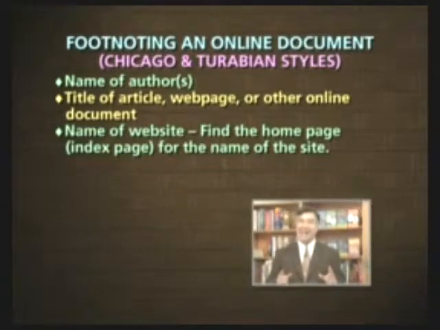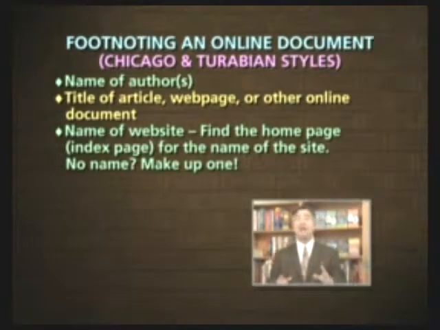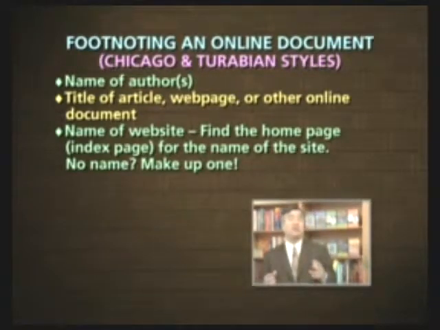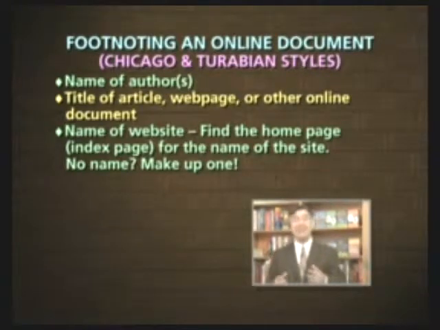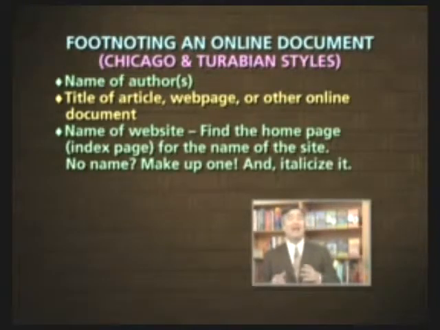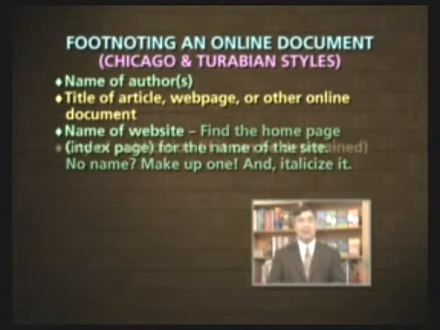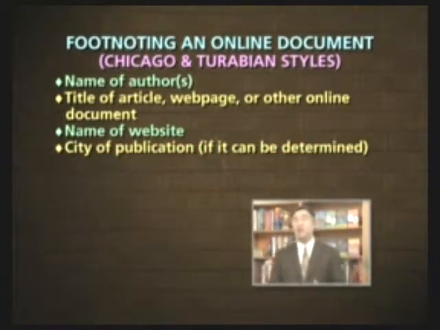In the rare occasion where there is no name or title for the website, you can make up a descriptive one. For example, website of the National Association of Civil Rights Attorneys, if there happened to be a website by that group that didn't have an actual name. Whatever the name of the site is, it should be italicized. Next, the city of publication, if it can be determined.